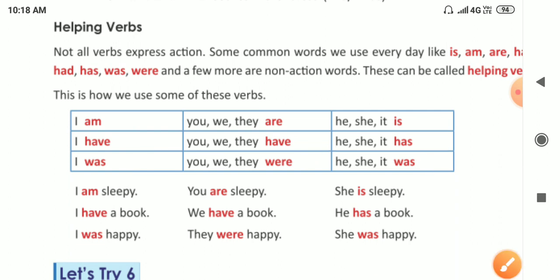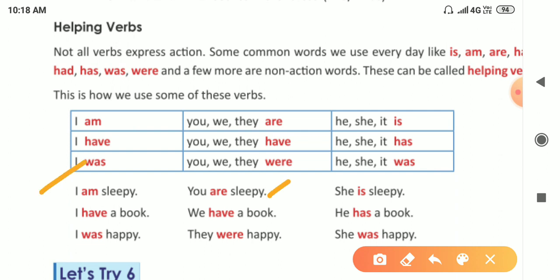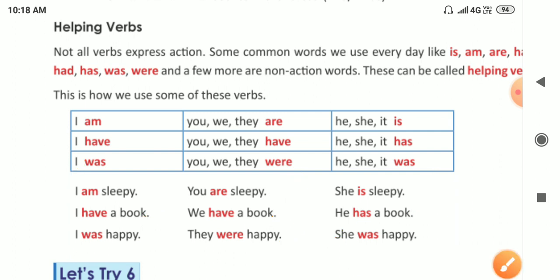See, here are some examples: I am sleepy, you are sleepy, she is sleepy. I have a book, we have a book, he has a book. I was happy, they were happy, she was happy. In this way we can choose which helping verb is required in a sentence.